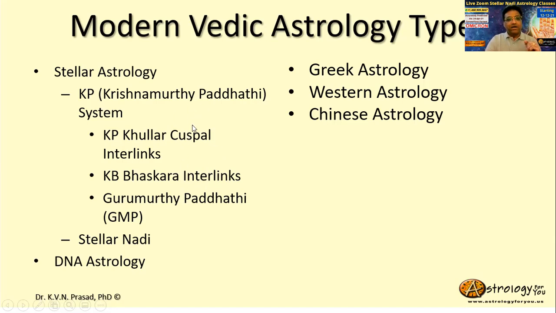Then there is Gurumurti Paddhati, and he is a direct disciple of Mr. Krishnamurti. He lives in Chennai. The GMP method works pretty well in Prashna astrology, horary astrology. I got an opportunity to meet him once at an international conference in the US.